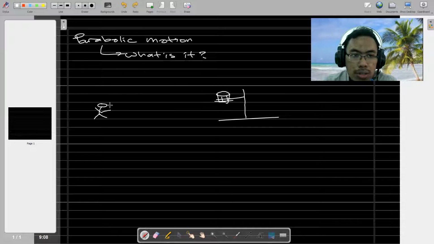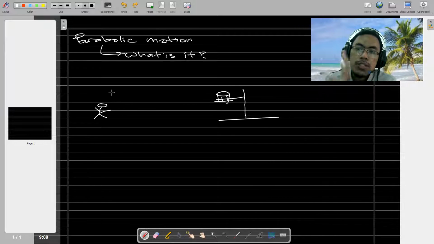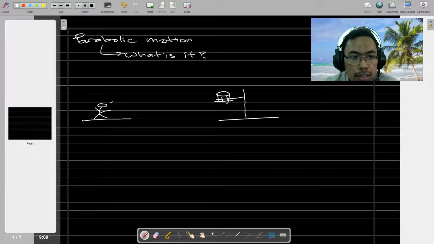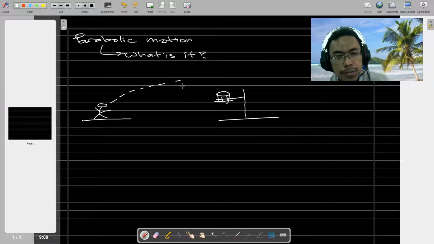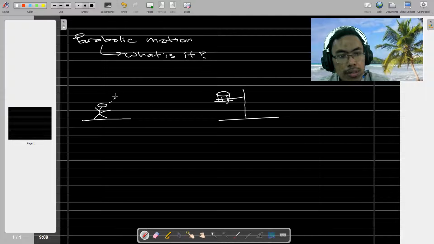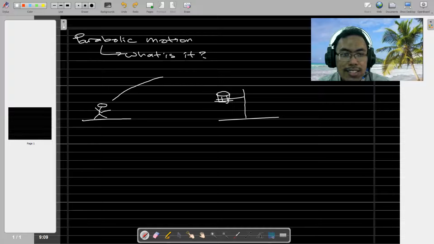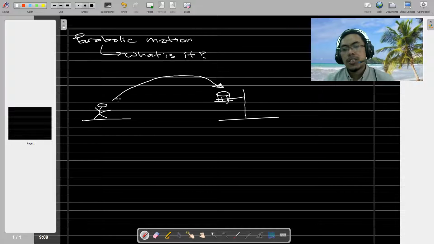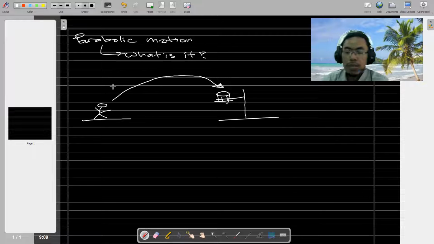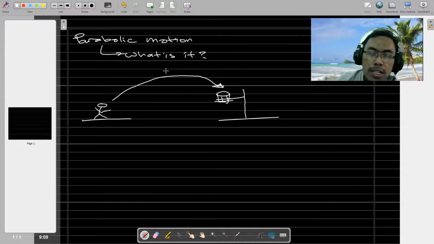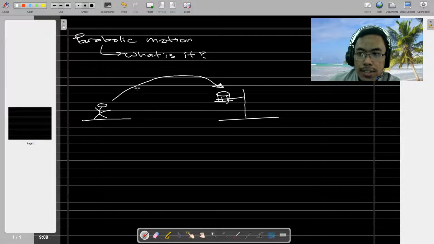So he throws the ball, and the trajectory, or the path, of the ball will be something like this.